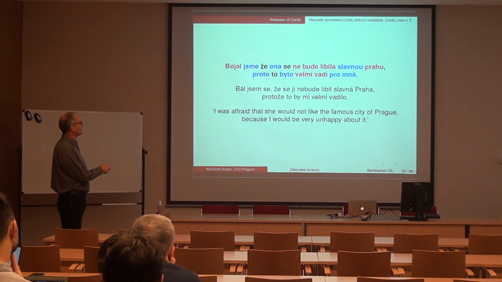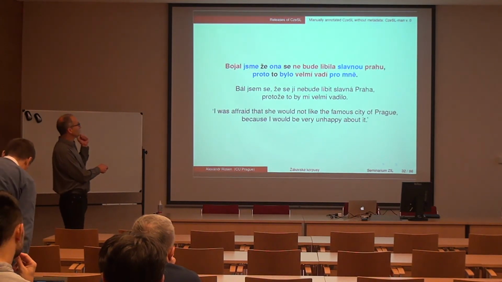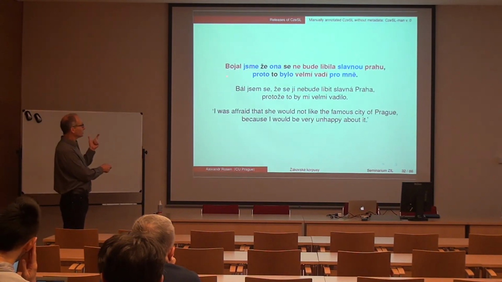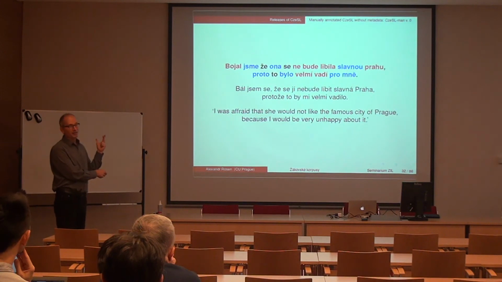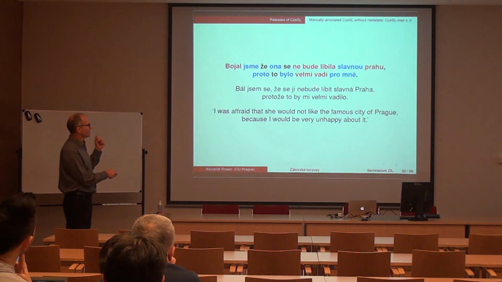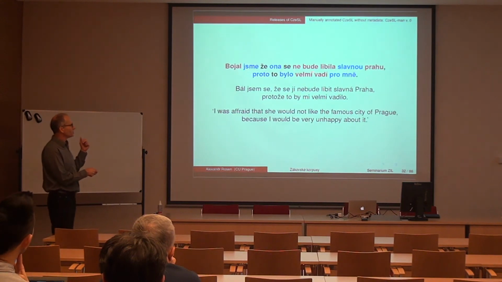For example, here you have agreement between this L-participle and the auxiliary. The participle is singular, the auxiliary is plural. And it should not be "boyal" but "bál": I was afraid. And then there is something very strange here.